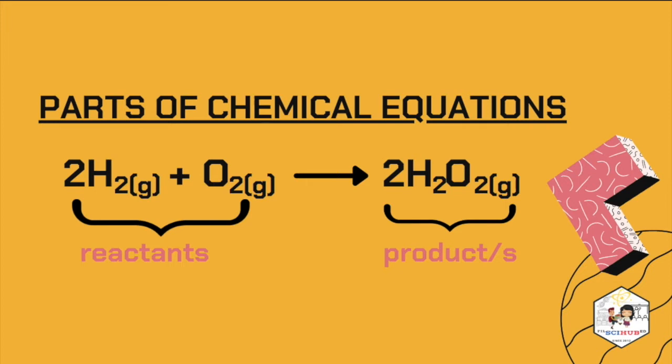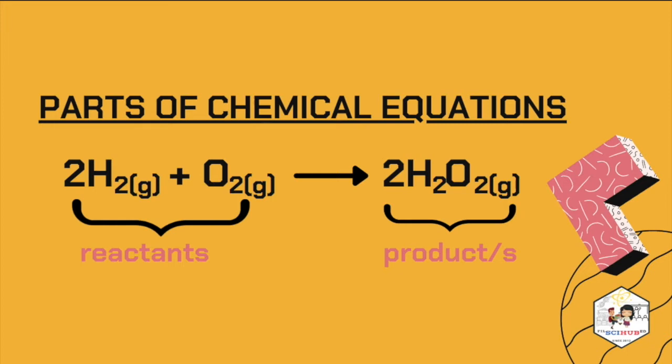Para sa example natin, mayroon tayong dalawang molecules ng hydrogen gas at isang molecule ng oxygen gas as our reactants. So the reactants are usually found at the left side of the equation before the arrow. The arrow, on the other hand, determines the direction of the reaction, or as what we commonly read as yields. It tells us which side is the reactant and product side.